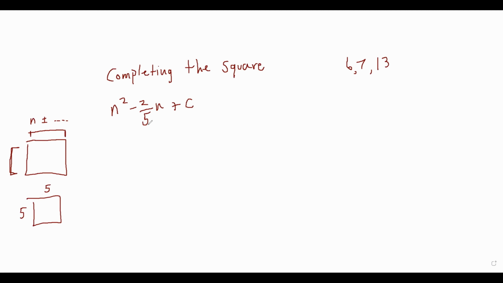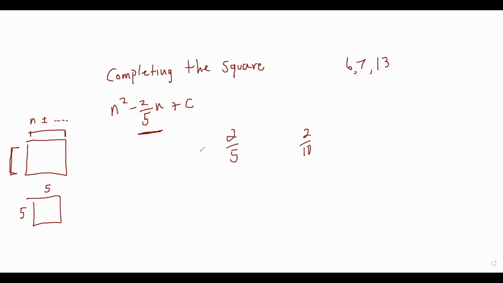Okay, so we look at our middle term. We see we have negative 2 over 5. We're just going to cut this in half. So what does that look like? Well, I'm not really sure what half of 2/5 is. So we can do it 2 ways. We can just multiply the bottom by 2 and make 2 over 10. Or we can just take 1 from the top because it's an even number.